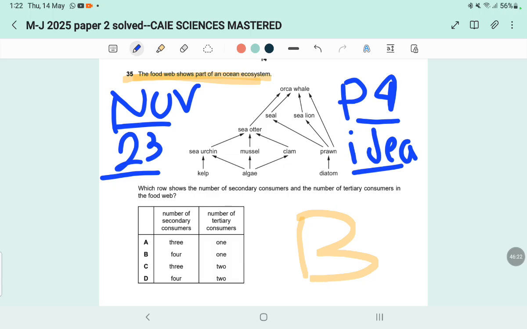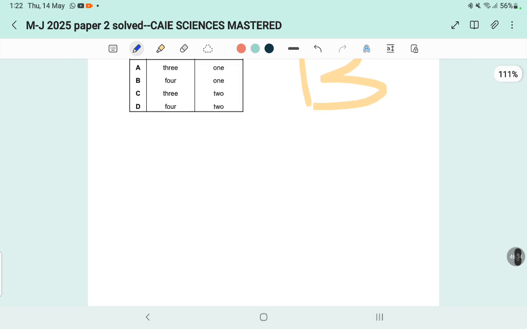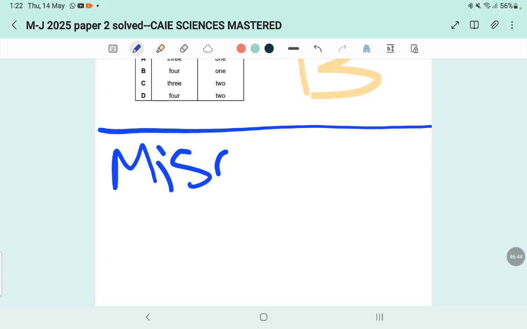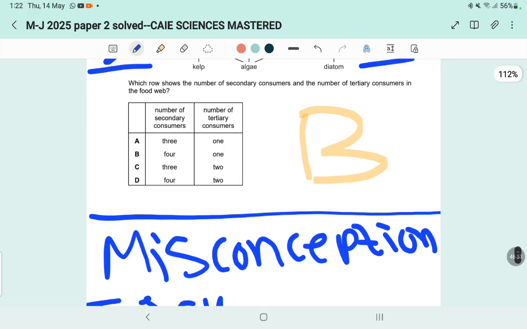The number of secondary consumers are the ones who eat the primary consumers. They are not the ones who eat producers, because this is a misconception I'm seeing students make. The trick in this question is that you may misread the words secondary consumers and think it's primary consumers.